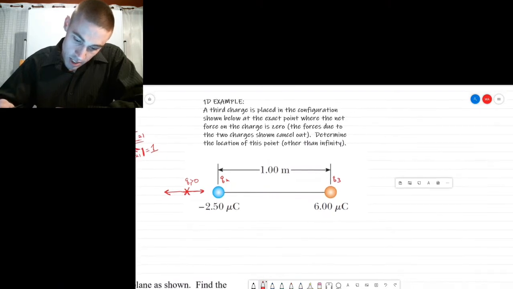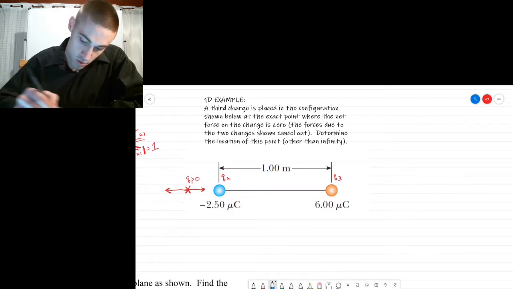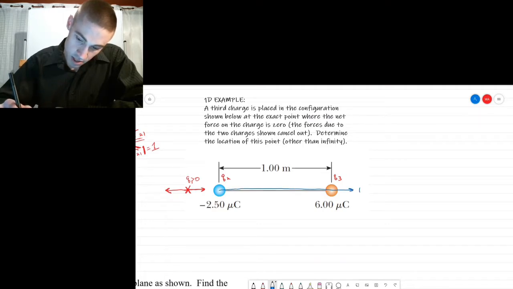And what we need is a coordinate system. So let's set up a coordinate system in blue. Let's make this the plus x-axis, right? And we'll make this x equals 0. And we'll find the point over here where the two things can exactly balance.